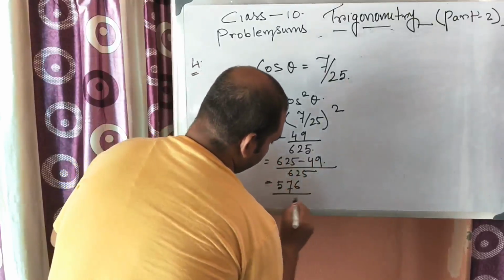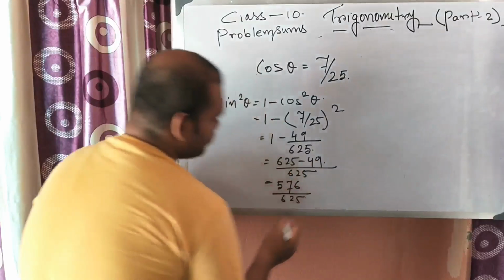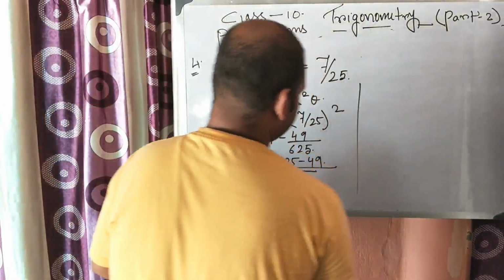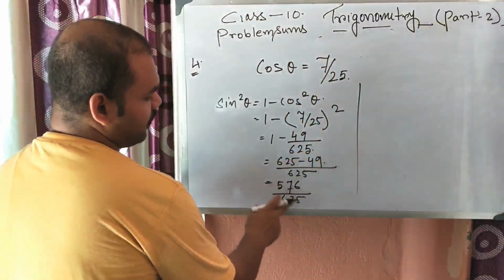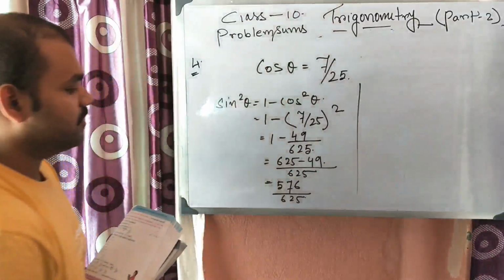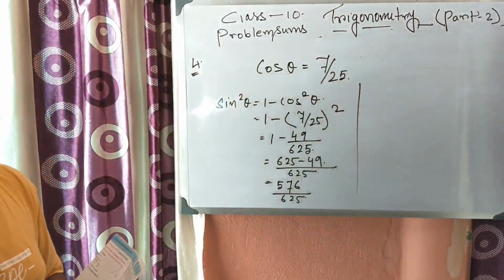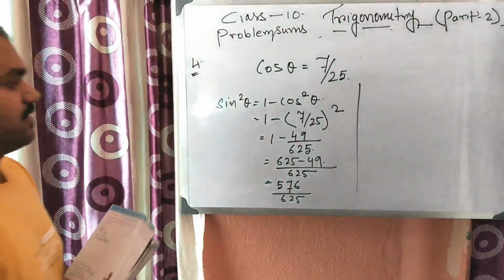So this will be 576 by 625. So what I have told you, to memorize the square of these things. So 25 25, 625, 24 24, 576.